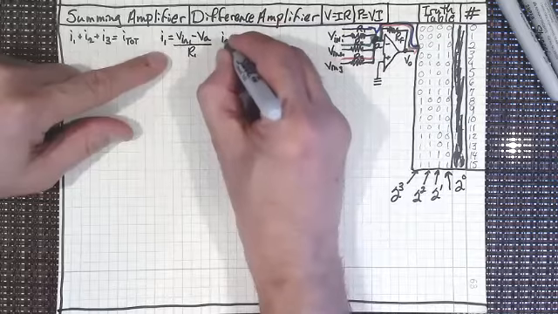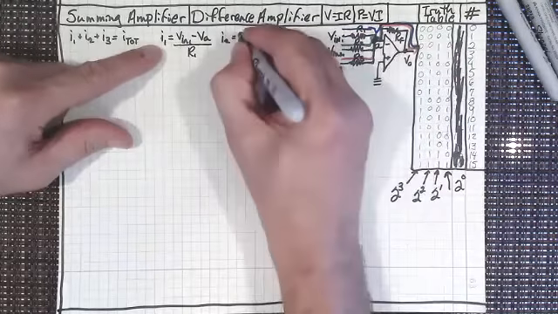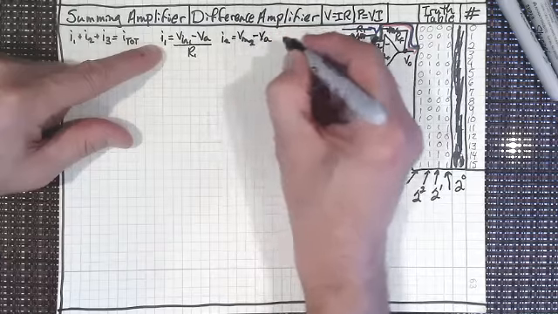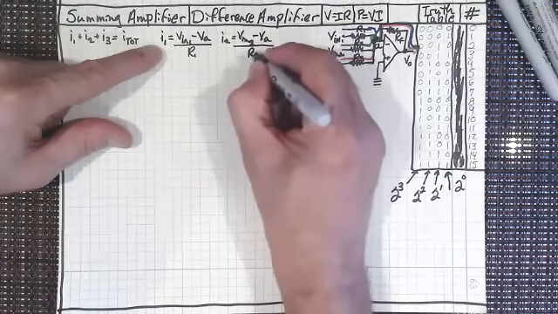And I sub 2 is going to be V in 2 minus V sub A divided by R2.